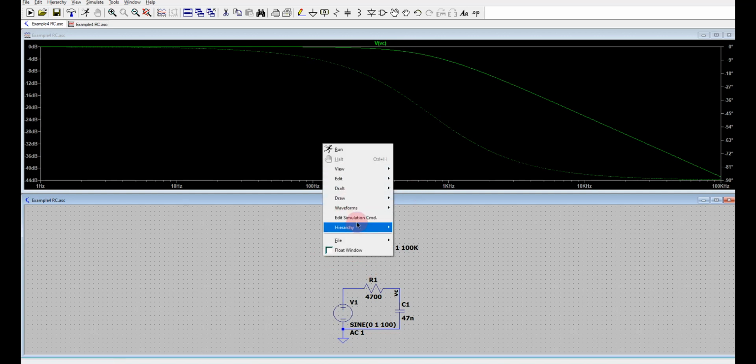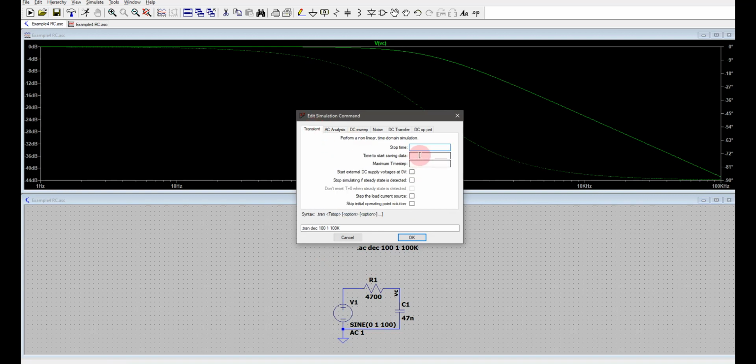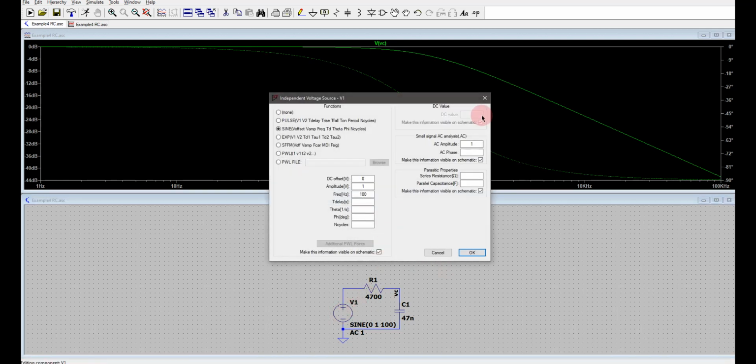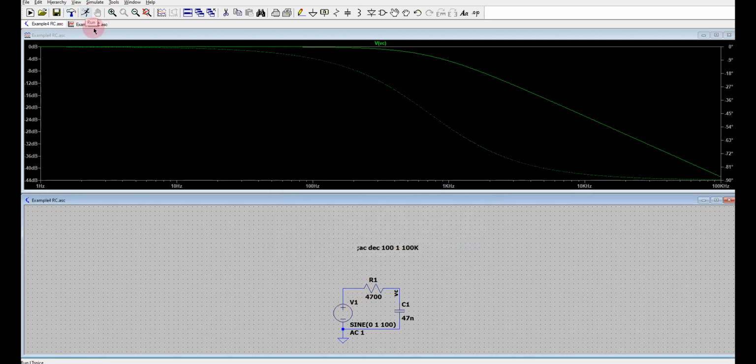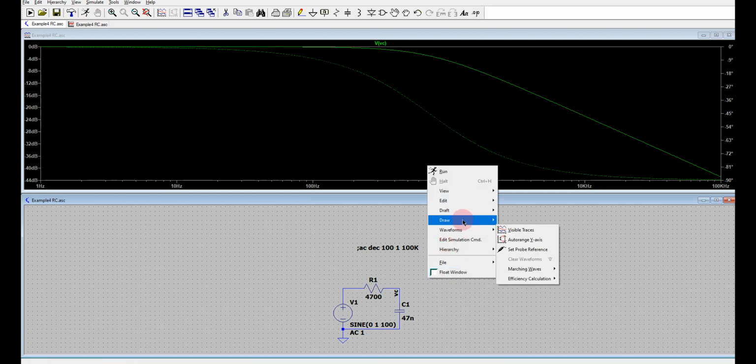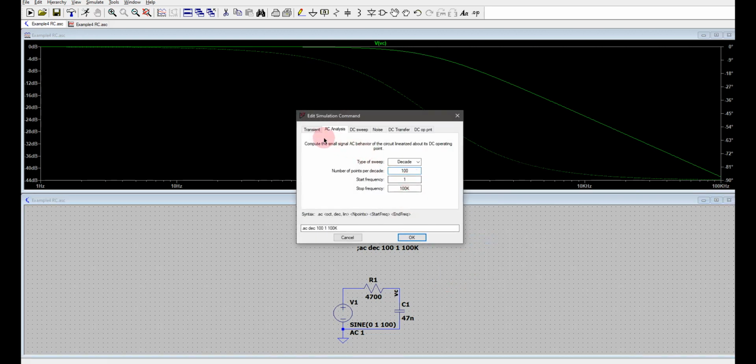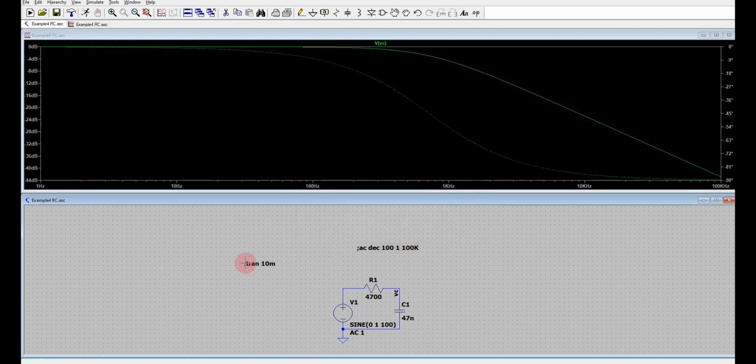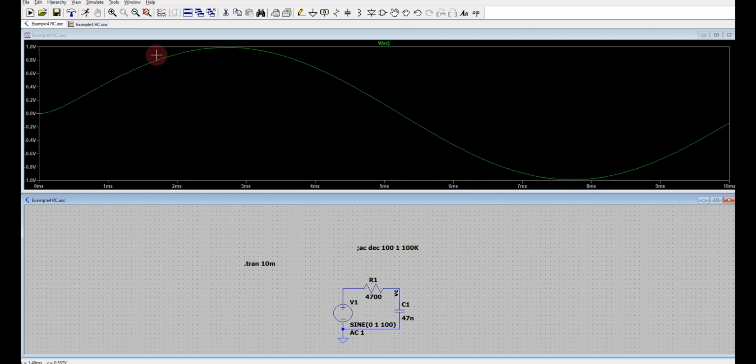Now if I do a transient analysis and give a stop time of say 10 milli, and I give a frequency of only 100 hertz, you will find I am giving a 1 volt signal.